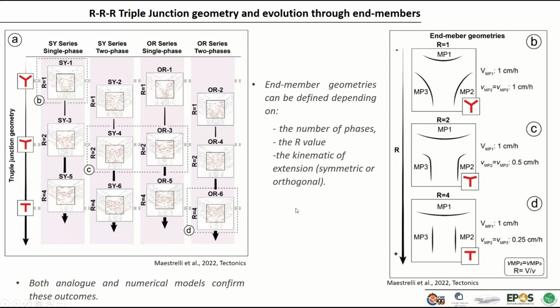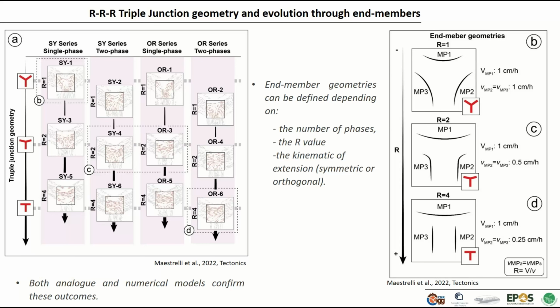What is important to highlight from this picture is that, by running the full variety of possibilities in our models, the key parameter for generating an asymmetric triple junction with T-shaped fault architecture is the differential velocity, so the velocity ratio.